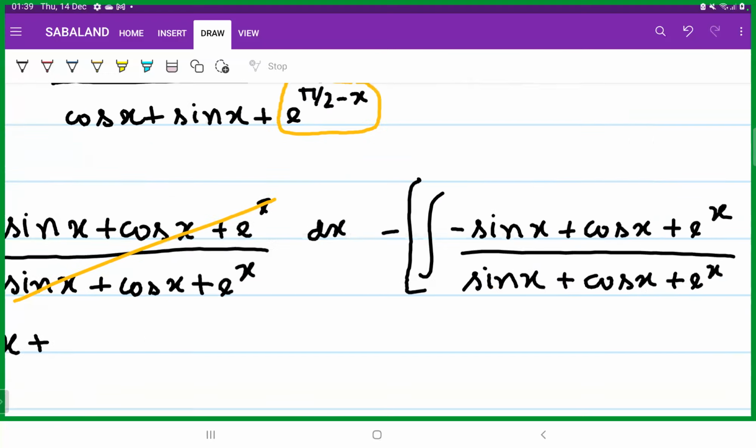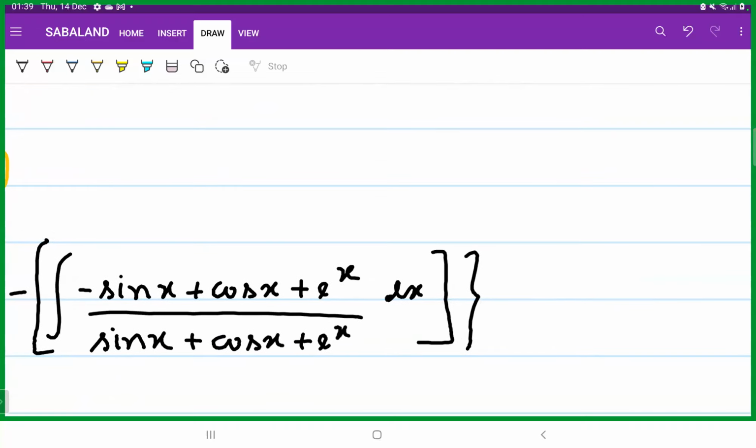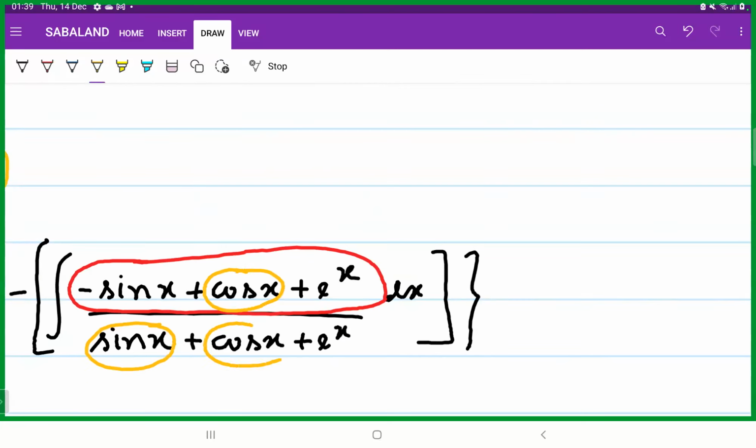And if you observe the second term, the numerator is basically the derivative of the denominator. See, for sin x, the derivative is cos x. For cos x, the derivative is minus sin x.